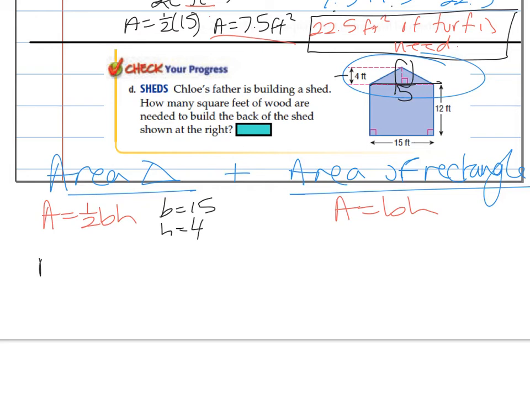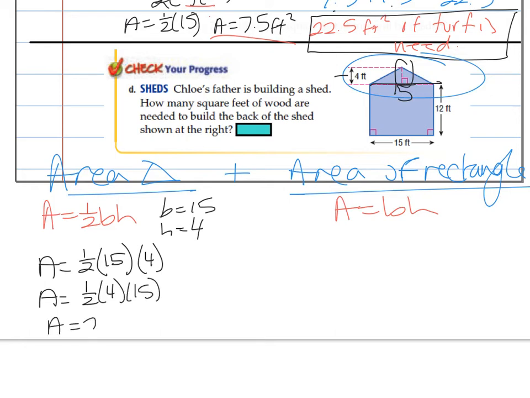So I plug those in. Area is 1/2 base of 15, height of 4. And I can do this in any order, so I'm going to take half of 4 first. So I get area is 2 times 15 for an area of the top of the shed of 30 square feet.